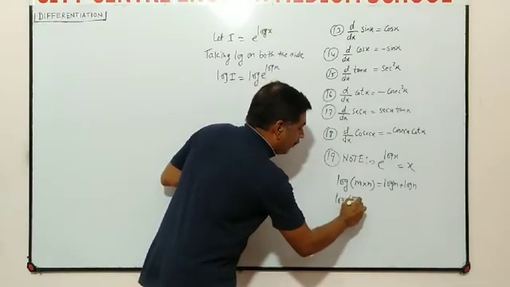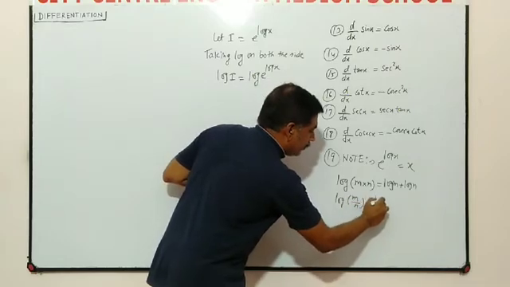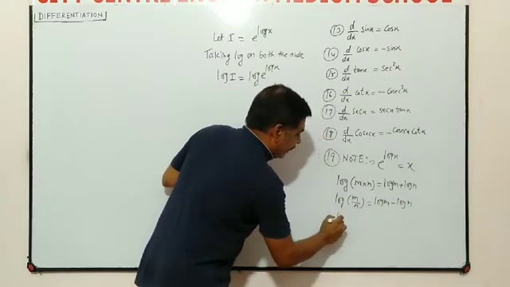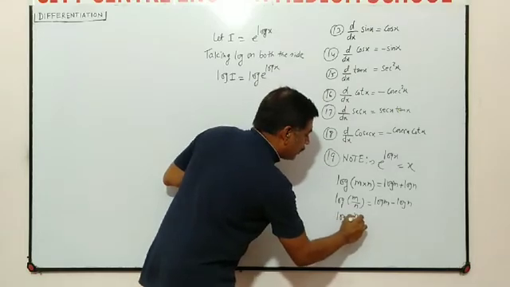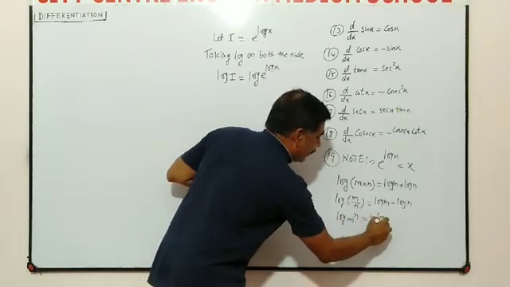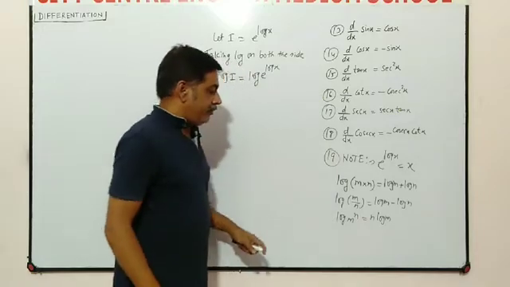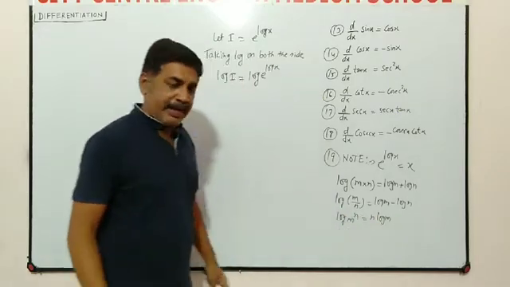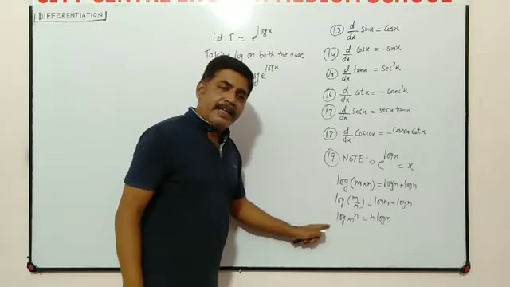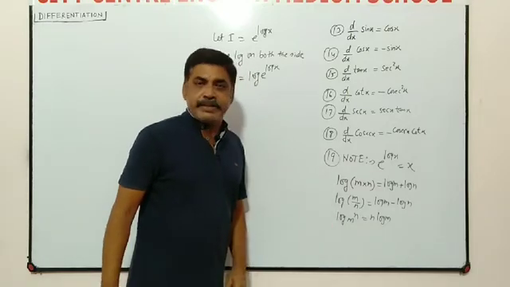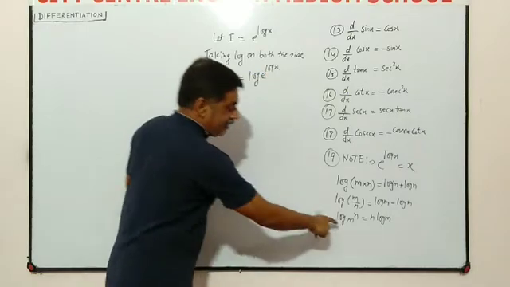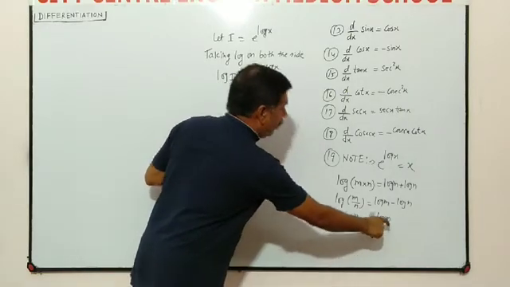Log m upon n is equal to log m minus log n, and log m raised to n is equal to n log m. So the power comes before log m. So these are the 3 laws for logarithm.